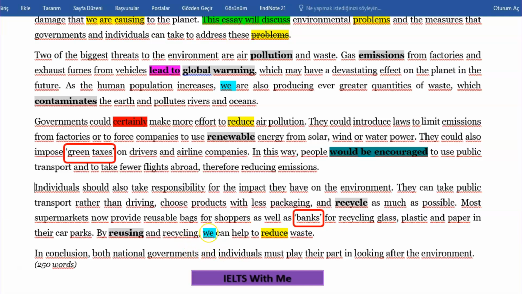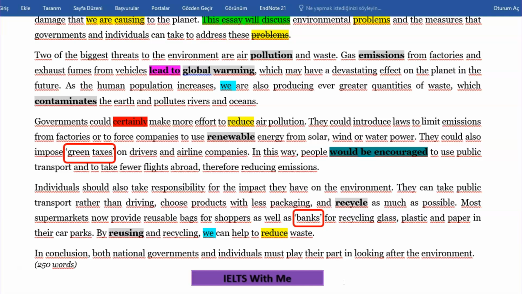Again, usage of the impersonal style. And at the end, to sum up, to recapitulate, all in all, in conclusion, to conclude, both national governments and individuals must play their part in looking after the environment, to provide some solutions regarding conserving our planet.